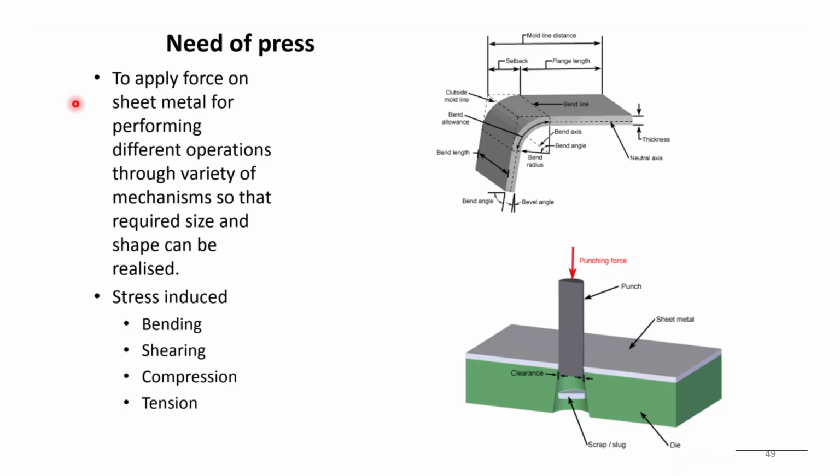So the stress induced is based on bending, shearing, compression and tension. Here initially you can see the bending operation, here punching. Punch means you can provide some holes, a shearing type of operation. Punching is one of the shearing type of operations.